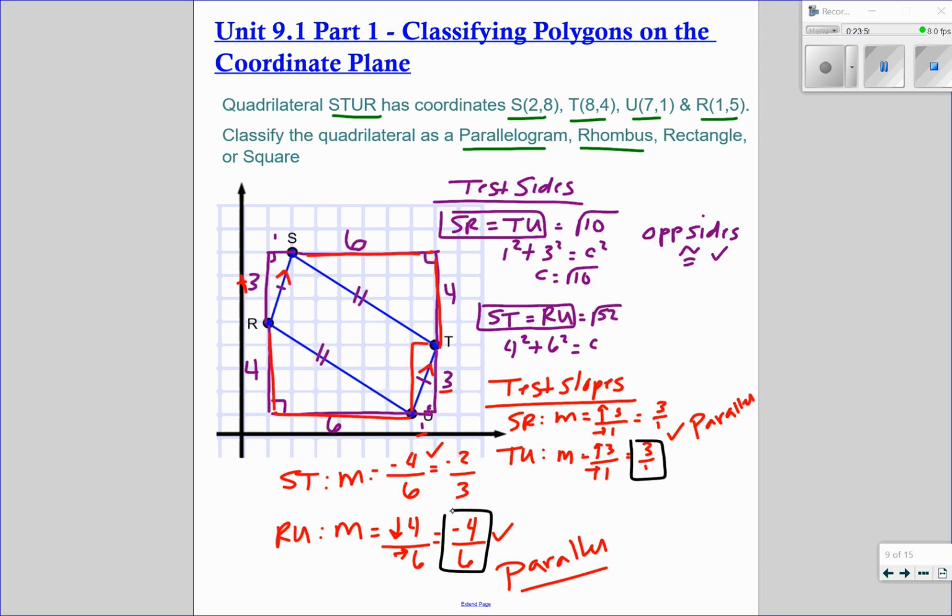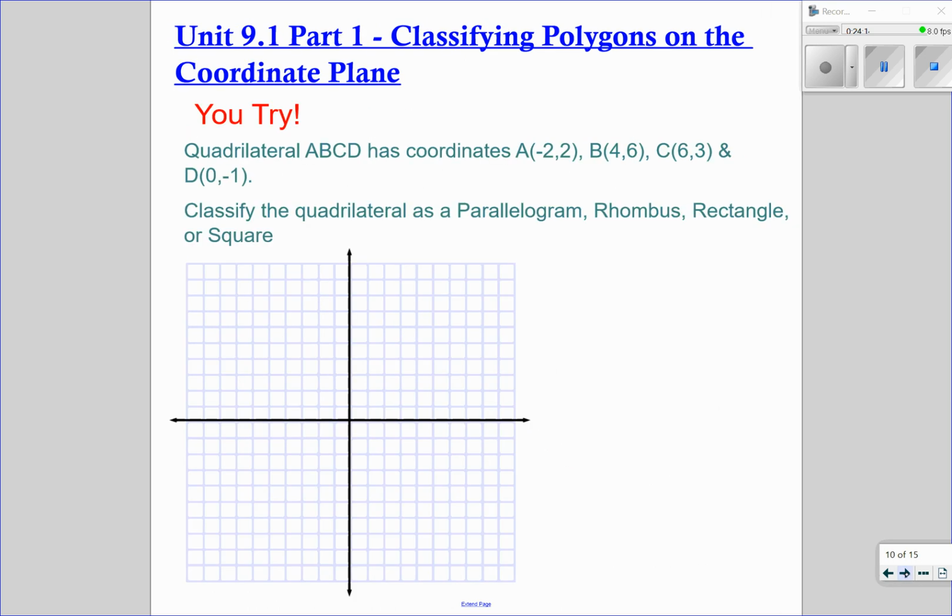So we can rule out that our sides are perpendicular. Our classification here would simply be a parallelogram. We have opposite sides congruent, and opposite sides parallel. Go ahead and try one. Graph this on your paper, start testing your sides and testing your slopes, and see if you can classify this shape.